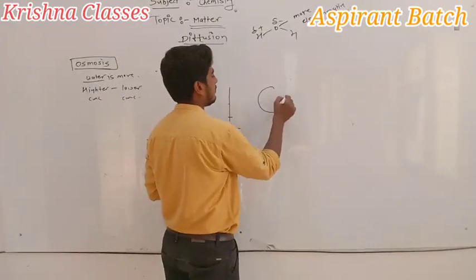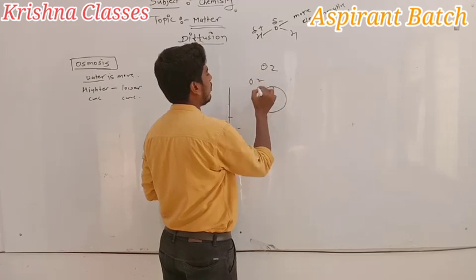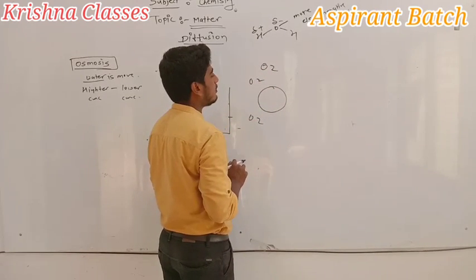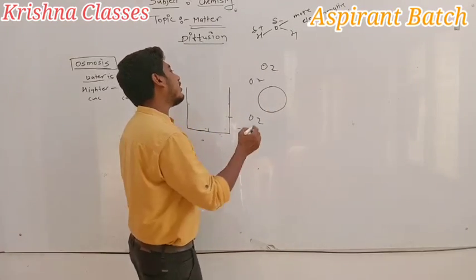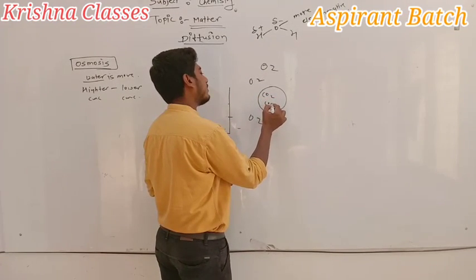Suppose we have a cell here. Here the oxygen molecules are more, as compared to the concentration of oxygen inside the cell. Here the concentration of carbon dioxide is more.